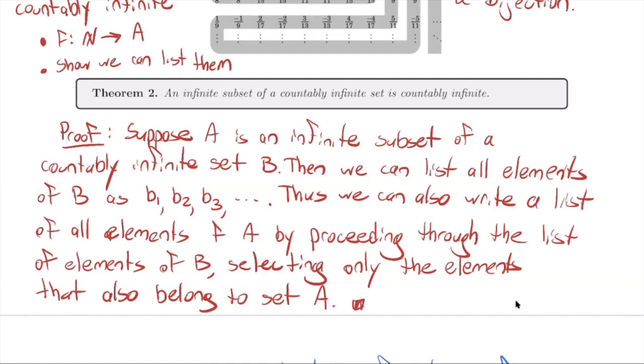As long as we can show that an ordering, a list, exists, then we know that that set is countably infinite. Since theorem 1 is an if and only if statement, it goes in both directions.